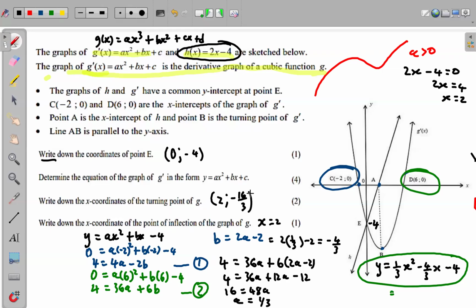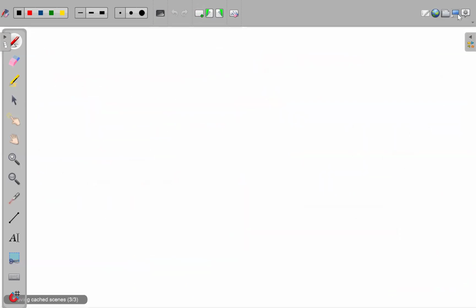Now, the next important element that I want to discuss for the remainder of today's lesson is nature of roots. Now, where does this concept come from? And I want to go back a little bit to grade 11.